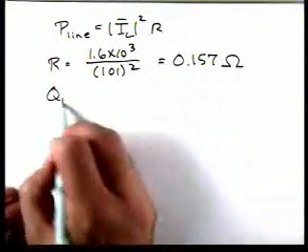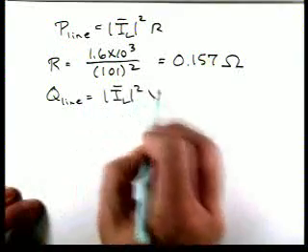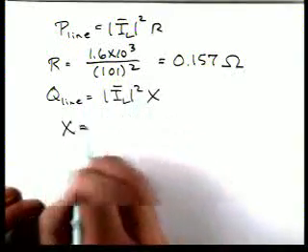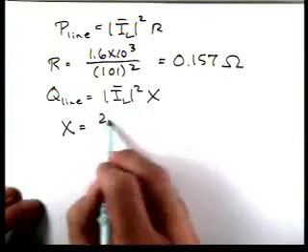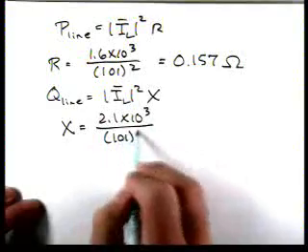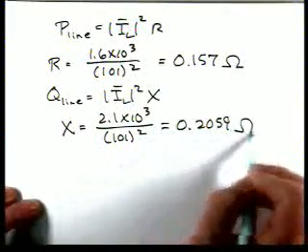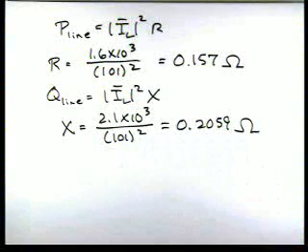And Q of the line would be the magnitude of IL squared times X. So X would be 2.1 kilovars divided by the 101 squared, which would be 0.2059 ohms. Okay, so we calculated R and X, or we demonstrated now.